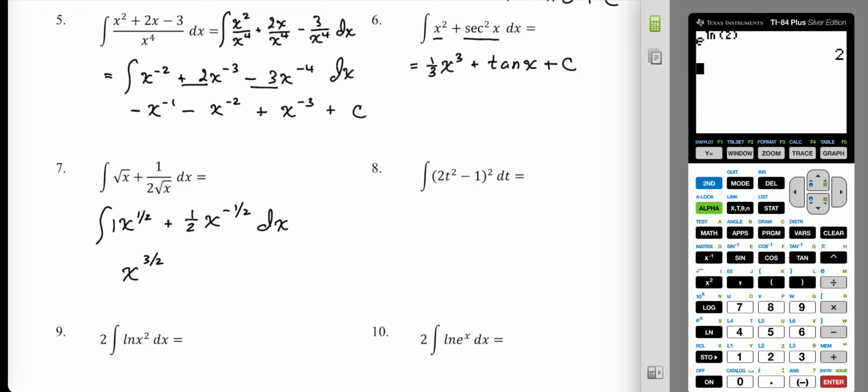Divide that understood 1 by the new exponent. 1 divided by 3/2, keep change flip, becomes 2/3. x to the 1/2. Instead of negative 1/2, negative 1/2 plus 1 is 1/2. Take that positive 1, divide by the new exponent, gives you a positive 1, plus c.